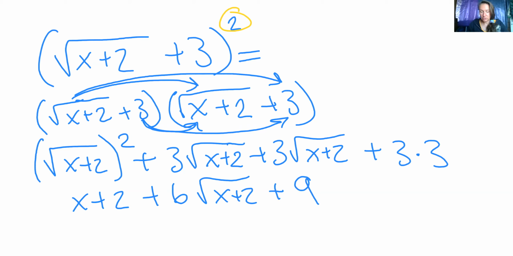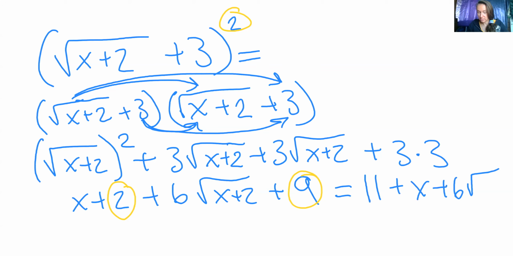So now we'll look at all our terms. We've got an x, a 2, a 6 times square root of x plus 2, and a 9. The only like terms we have here are the 2 and the 9, so we can add them. 2 plus 9 is 11. And so we've got our 11 plus x plus 6 root x plus 2.